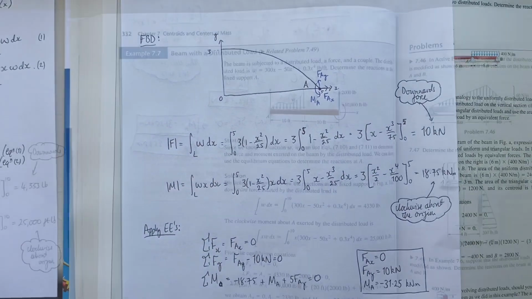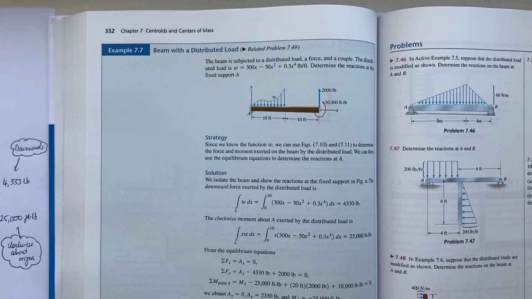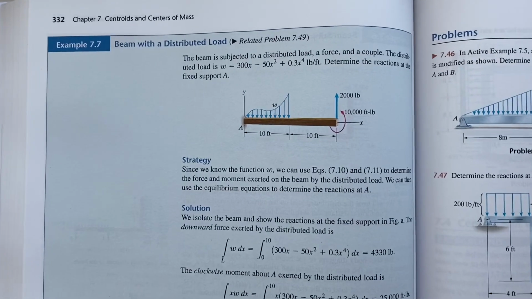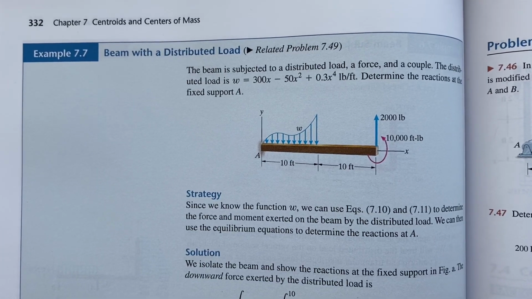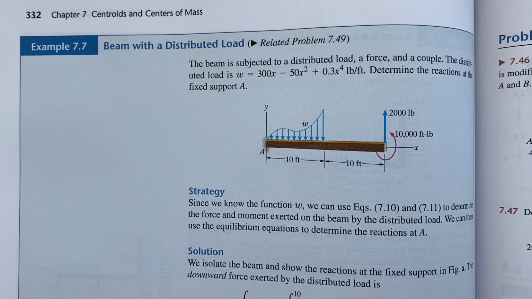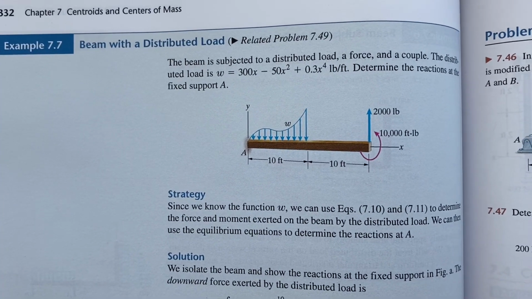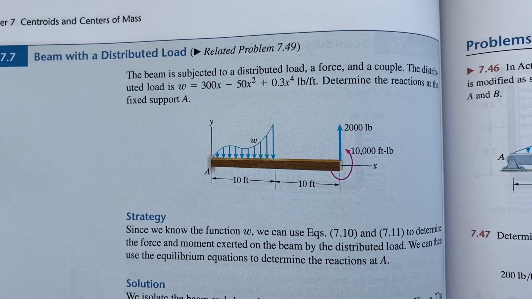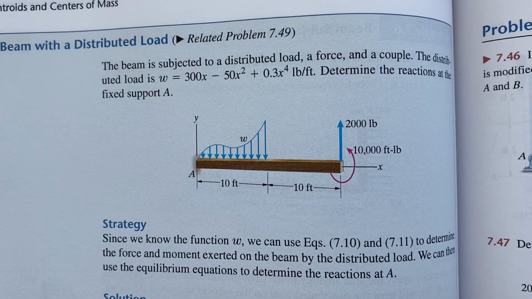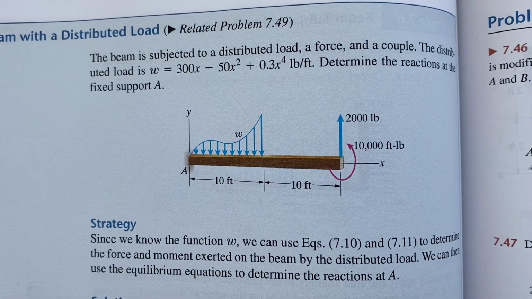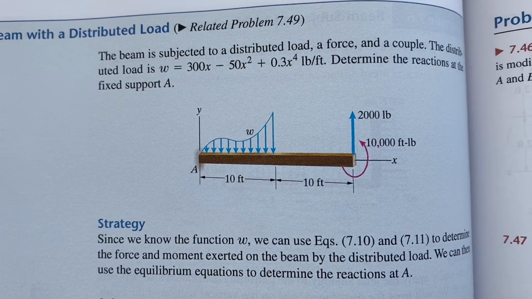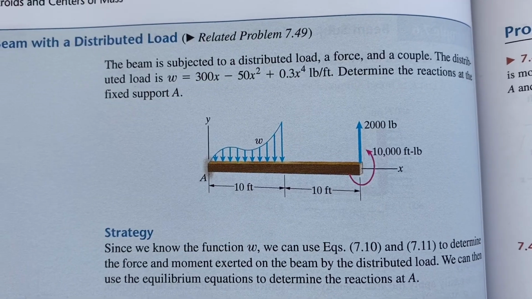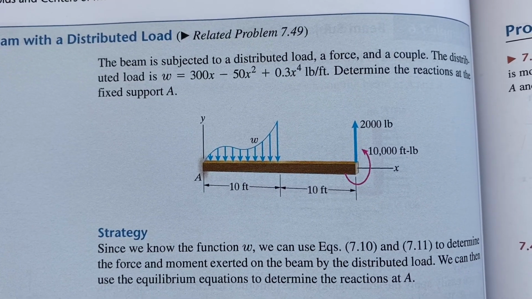Okay. So the second example we're going to have a look at is this beam with a distributed load from the textbook on page 332. This is worked example 7.7. We have this beam, again with a fixed support into a wall at point A. We have a distributed load acting on it for the first 10 feet of the beam.